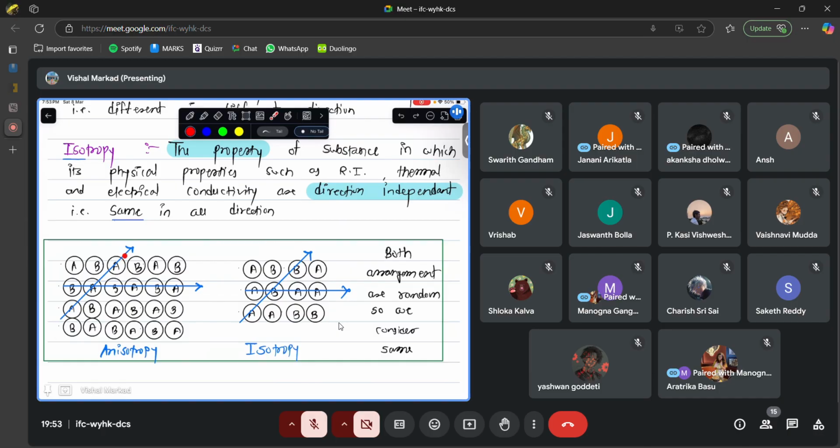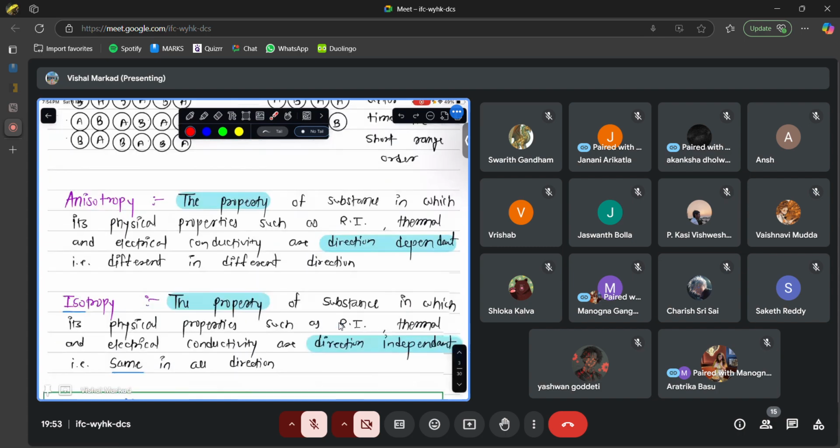The physical properties for the entire direction will again remain the same. But here it may be different, if it is 80 here, there is a high chance that it will be different there. So physical properties are direction dependent. If I take this direction, some physical property; if I take this direction, a different physical property. So they are direction dependent, that is anisotropic. Clear? Understood.